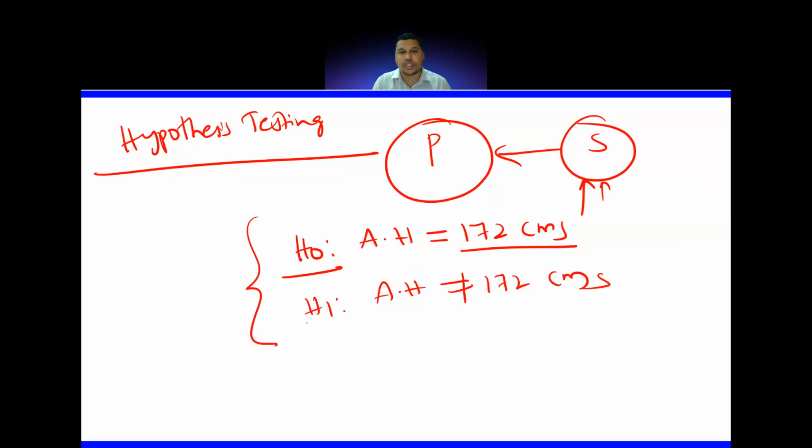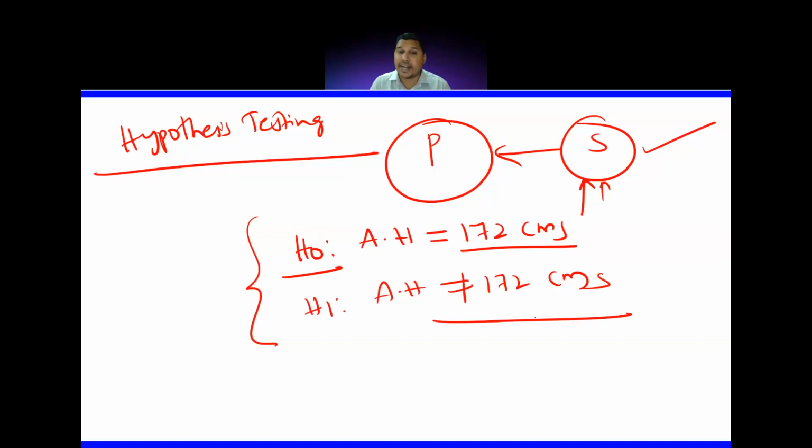So this is such a kind of statement. H naught is a null hypothesis. It's a statement made on the population. What is the statement made? The average height of students at NIT is 172 centimeters. How do I make this statement? Using sample data. What will be my alternate hypothesis? It says that it is not equal to 172. Okay.